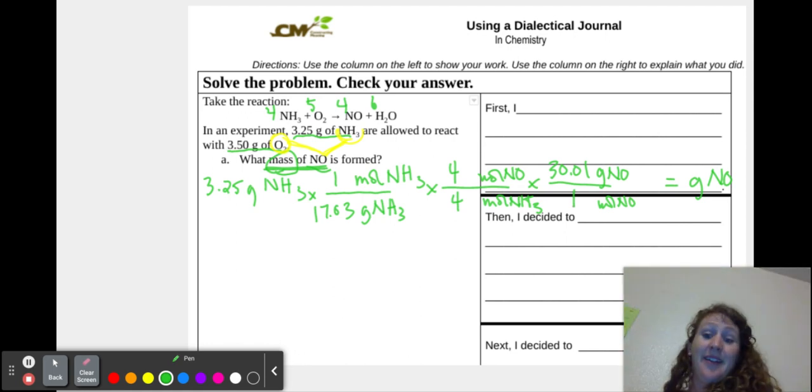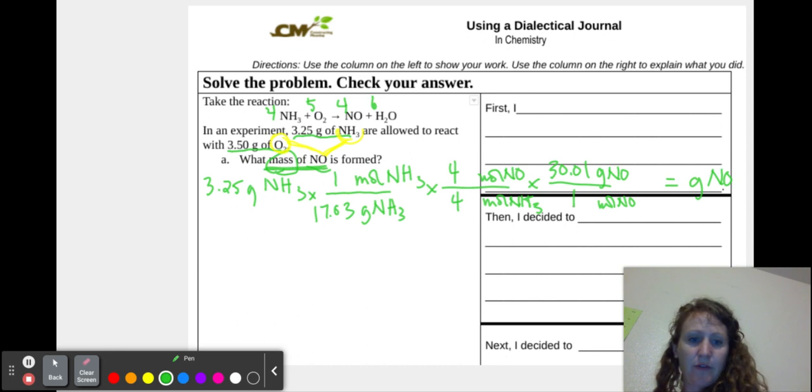Okay, I have my equation set up. Now let's do the math. So 3.25 times 1 times 4 times 30.01 divided by 17.03. I also want to divide by 4, and I also want to divide by 1.